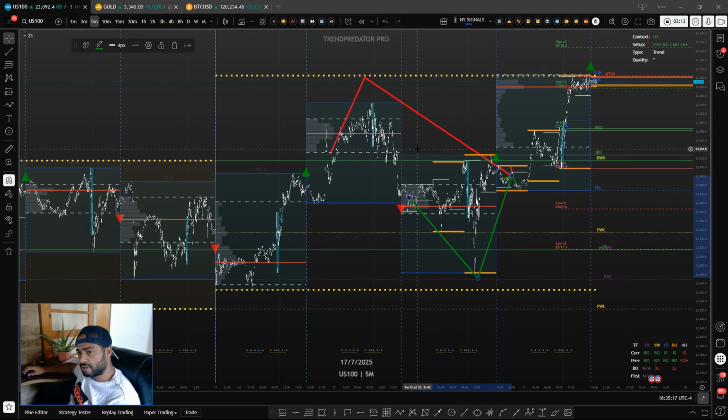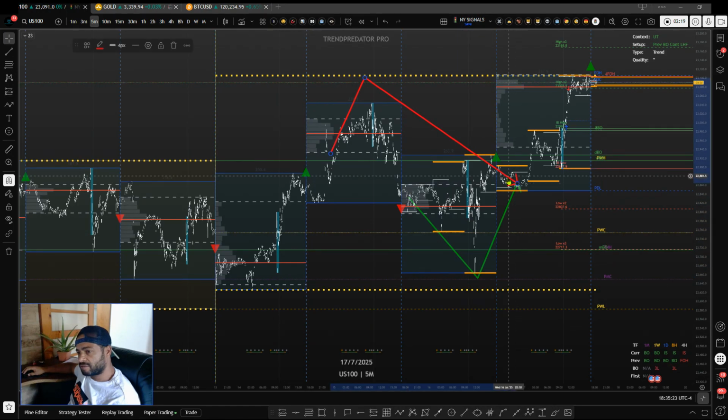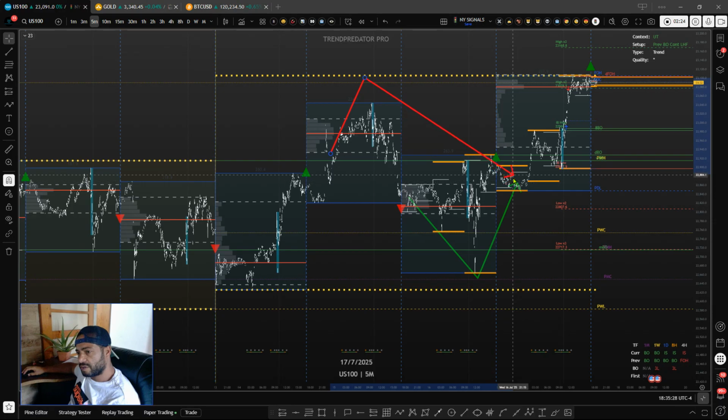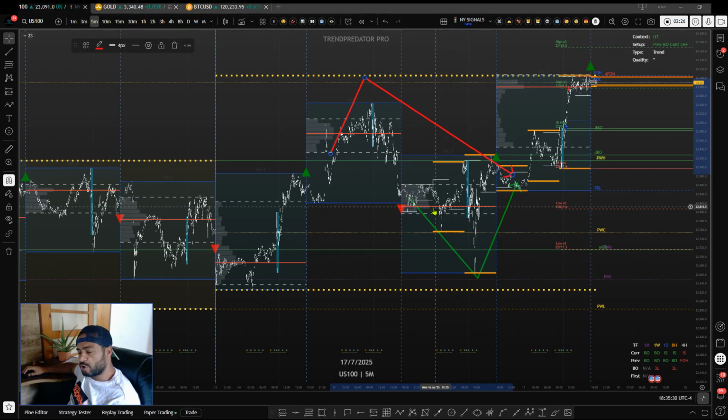So fake out high meets fake out low, and the bears and bulls are in a barroom brawl. Who's going to come out on top? We don't know, but we assume whomever is breaking territories.